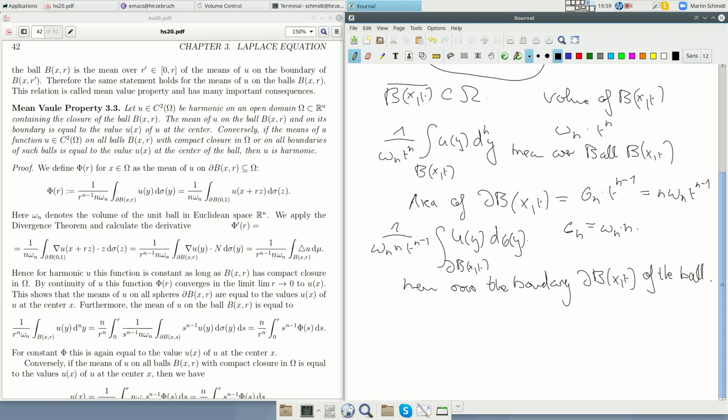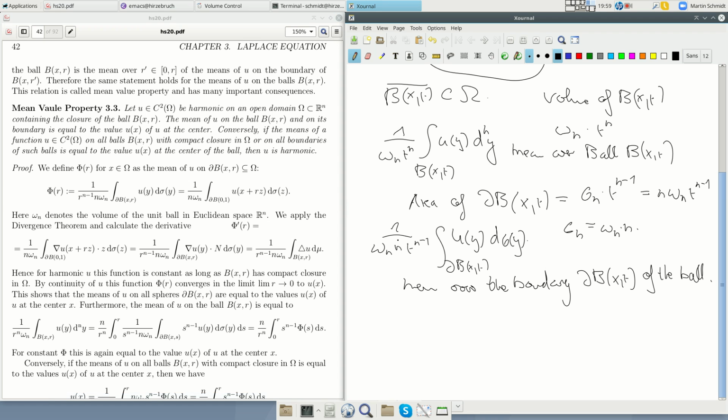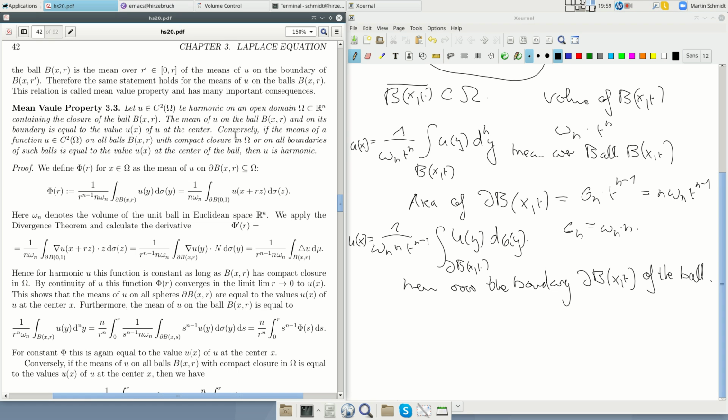Now the claim is, if the function u is twice continuously differentiable and harmonic, then the mean of u on the ball and on its boundary is equal to the value at the center. So for harmonic functions, we have these two equations. Conversely, we assume again u is a twice continuously differentiable function.